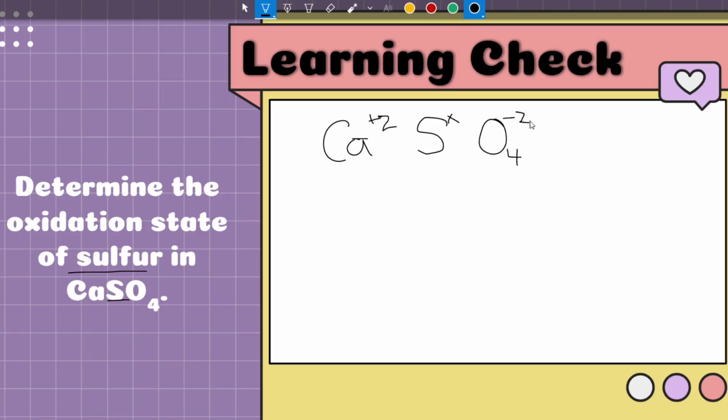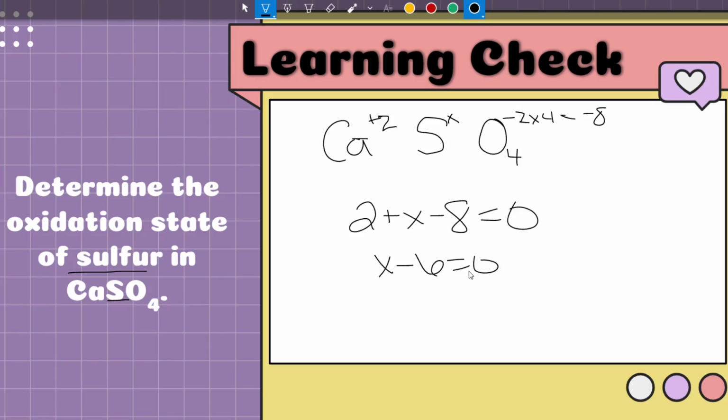O always gets a -2 charge, so times 4 gives us a -8 charge. So we have 2 plus x minus 8 equals 0. You get x minus 6 equals 0, x equals 6. So my charge on sulfur is +6, and that's my oxidation state.